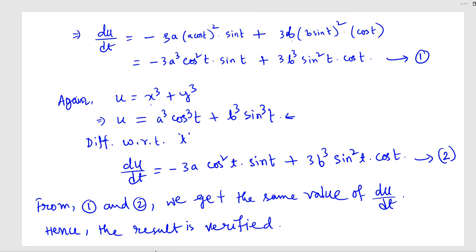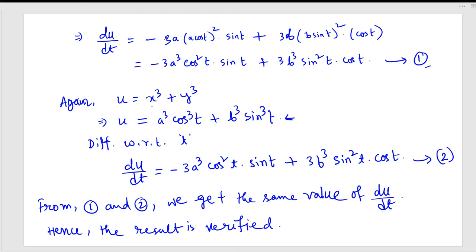I would say this is what, right? Yeah, from one and two you can see. Oh, this is a typing mistake. I'm writing. Now, what is your doubt, sir?